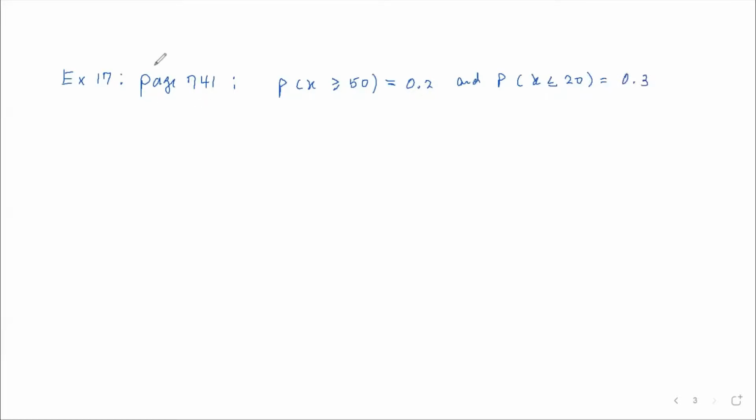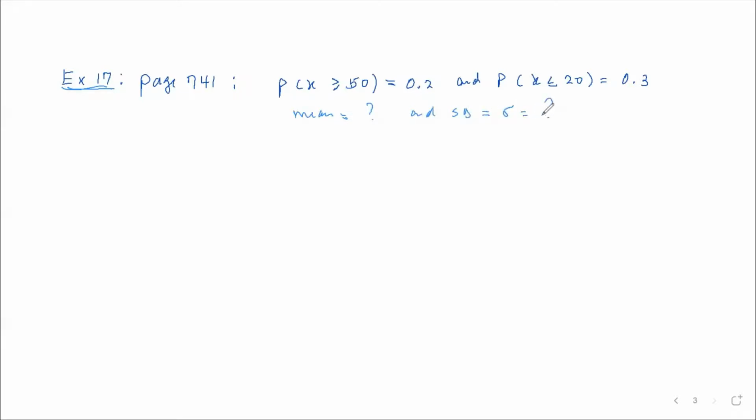In this example, you can observe that right now they give you the probability, the value of K or the Z score, and they want you to find the mean and SD, standard deviation.